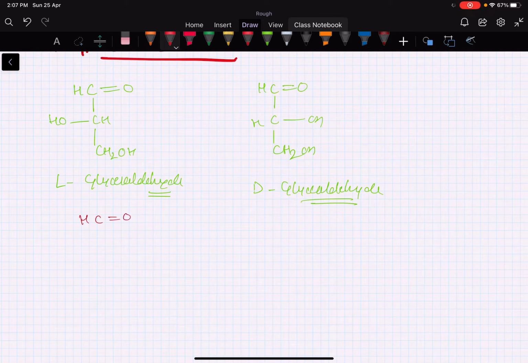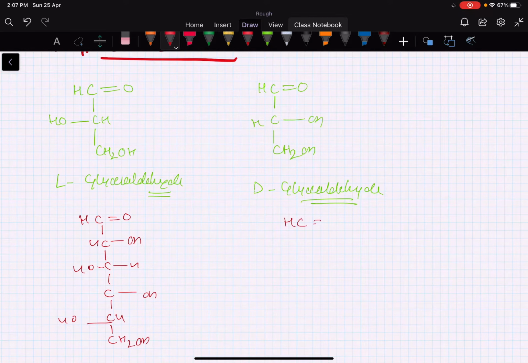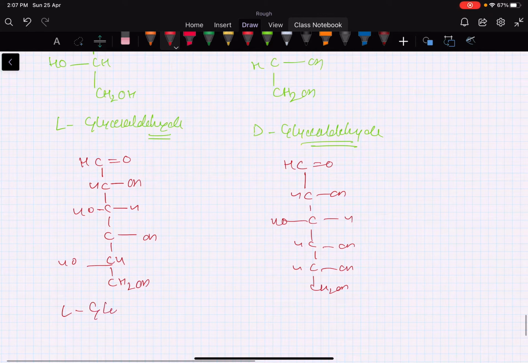This is L-glucose and this is D-glucose.